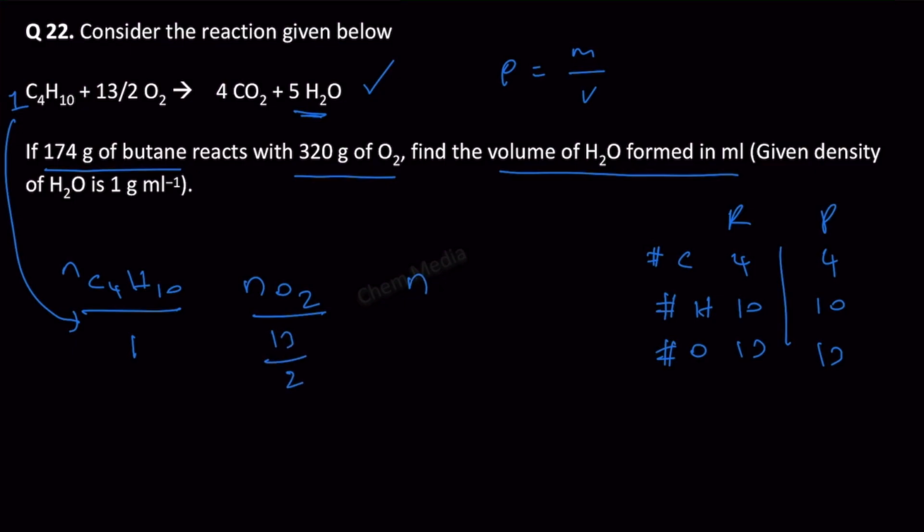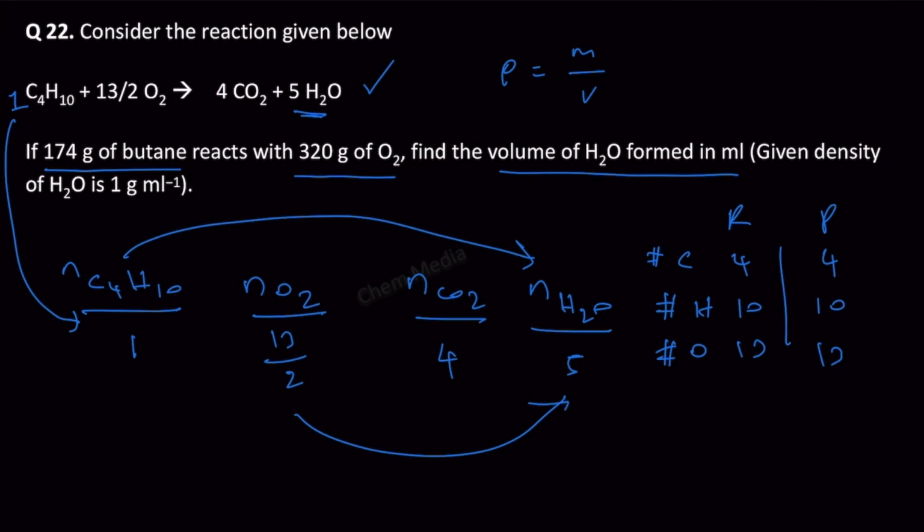And then number of moles of CO2 divided by 4 and number of moles of water divided by 5. Now, depending upon which one is the limiting reagent, whether butane or O2, that we need to figure out. And then depending upon that, we have to compare the stoichiometric moles with the stoichiometric moles of water so that we can find out the answer.